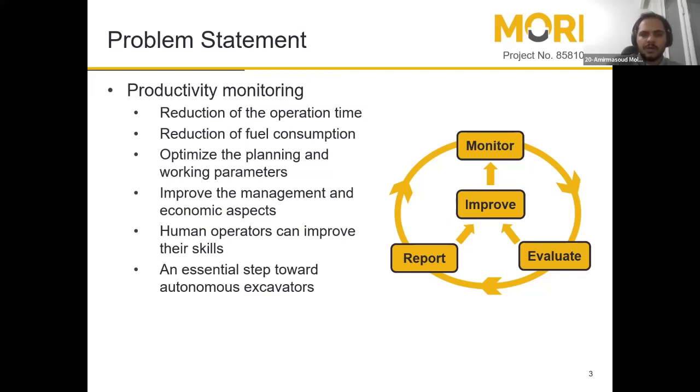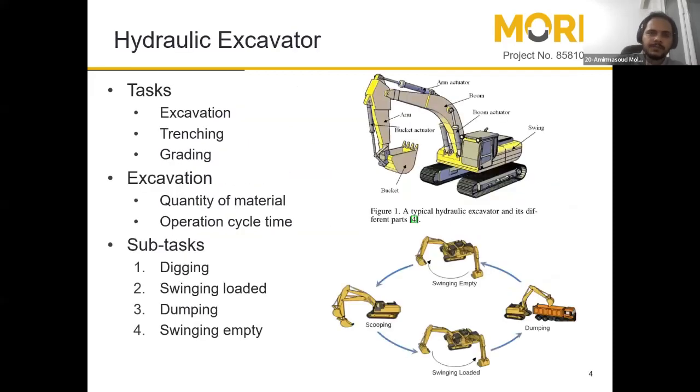Also, human operators can improve their skills by using the feedback from the productivity of the heavy-duty mobile machine. And also, an automatic method for the productivity estimation can be an essential step toward autonomous excavators or autonomous machines. In this paper, our application is the excavator.